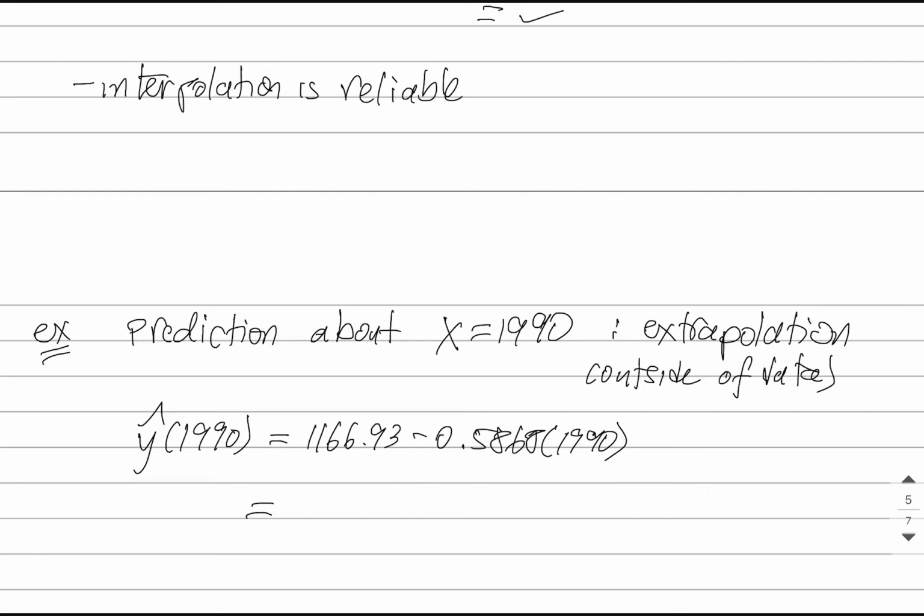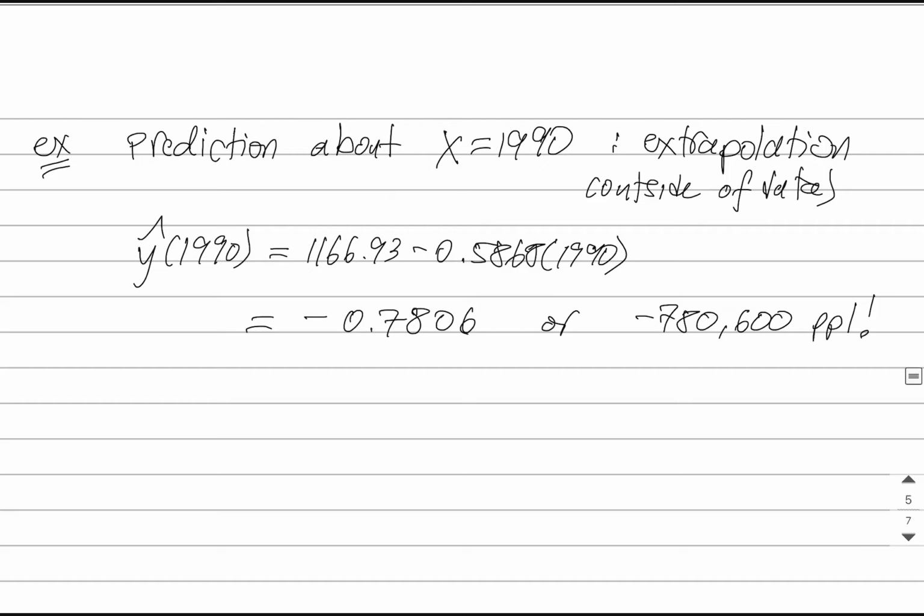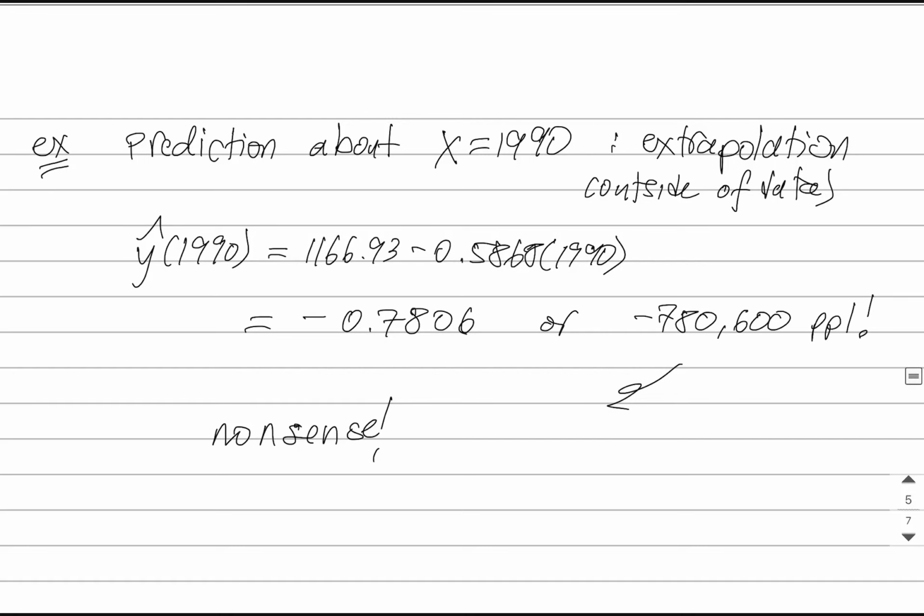So when you were to use your model, you'd end up getting negative 0.7806, or negative 780,600 people. So what my model is telling me is that in the year 1990, I should expect there to be negative 780,000 plus people living on farms. That's nonsense. You can't have a negative number of people living on a farm.